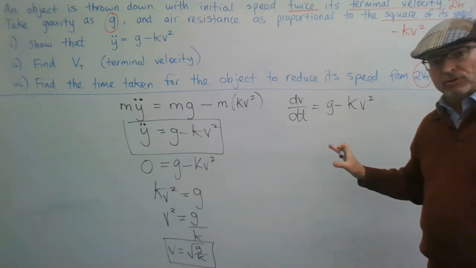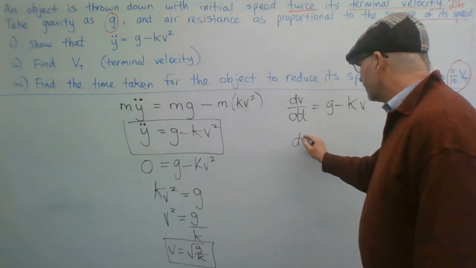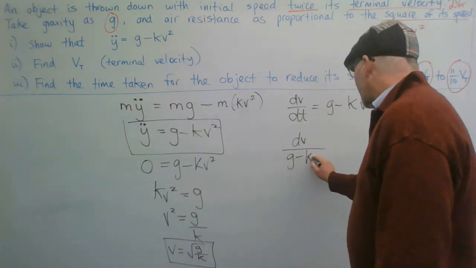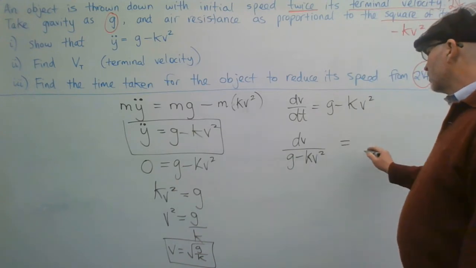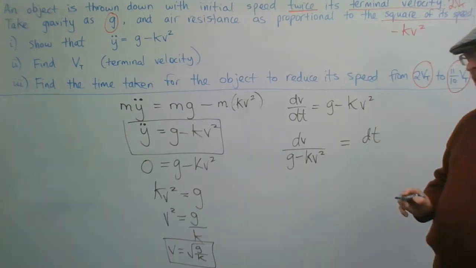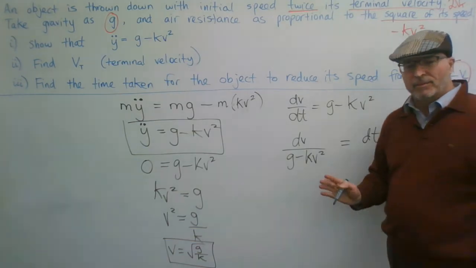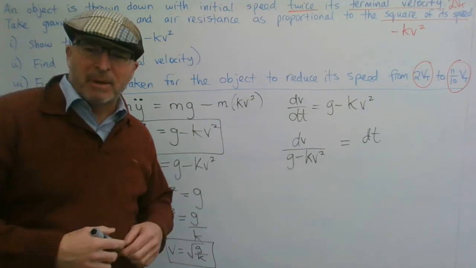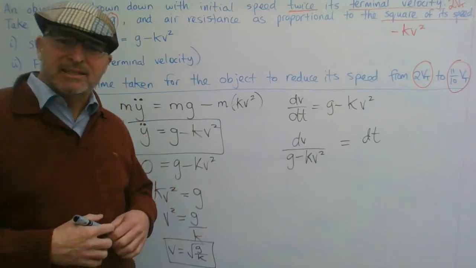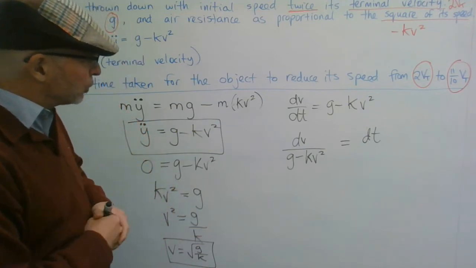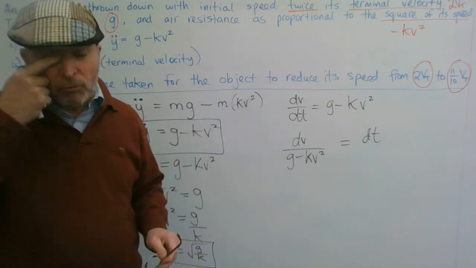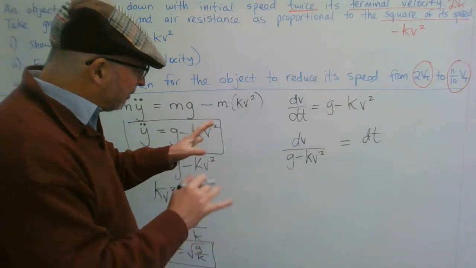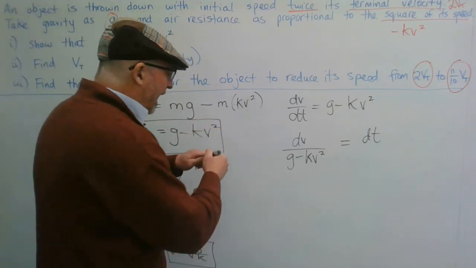Now I need to do my integration. So I'm going to separate out. I've got dv on g minus kv squared equals dt. And I'm looking ahead at this and I'm thinking I've got a quadratic on the bottom, which I could make the difference of two squares, and then I could use partial fractions in order to integrate. So let me first maybe divide out by k.